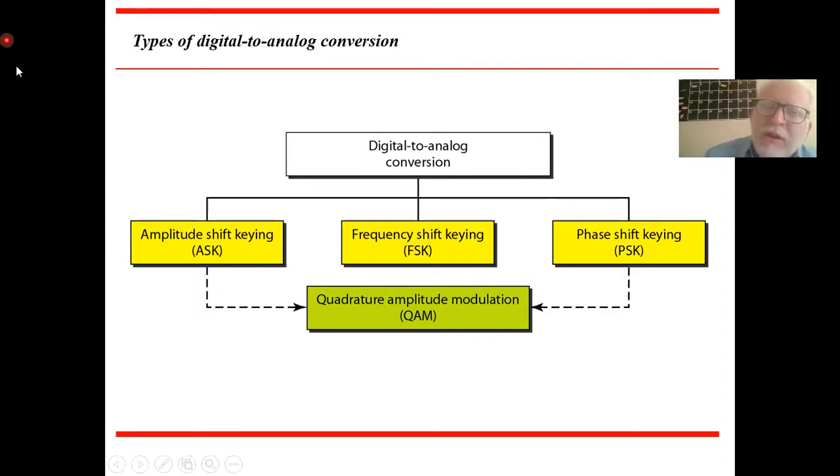Now, we are going to make similar classifications in digital modulation. Additionally, later on in the next chapter, we are going to combine the amplitude modulation and the phase modulation under the name QAM, or quadrature amplitude modulation, as one of the most famous digital modulation techniques.